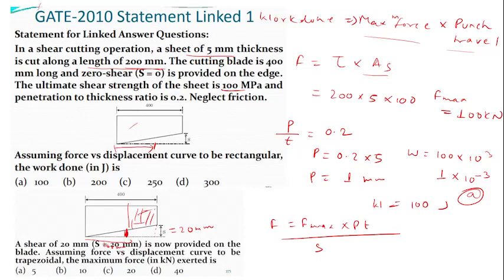This will be our shear for the 200 mm length. Can you calculate what this length will be? This is 200, this is 200, this is 20. You can use similar triangles. Tell me what this length will be? 10. So this will be 10 mm. Now this will be S for us. So now put all the values and give me the answer.